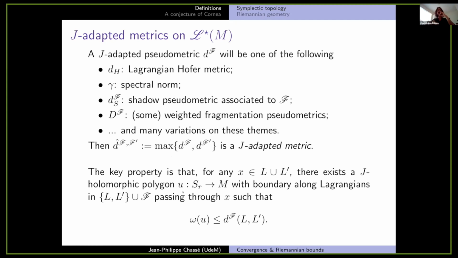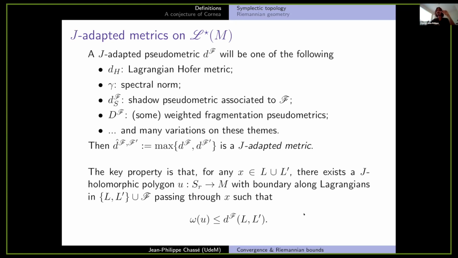And this holomorphic polygon is going to go through that point X, and it's going to have an area bounded from above by the distance between L and L prime. So this is the important property of a J-adapted pseudometric.